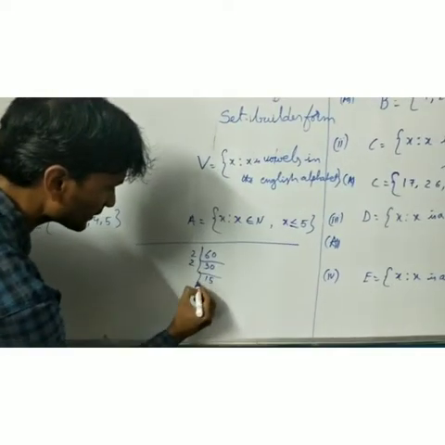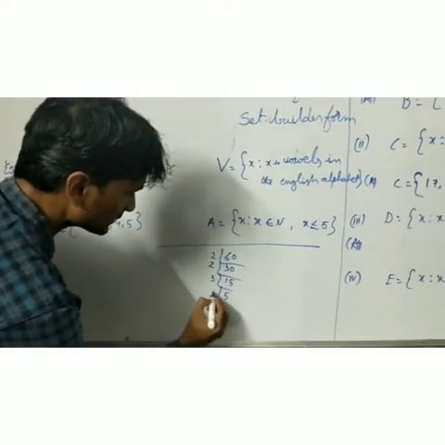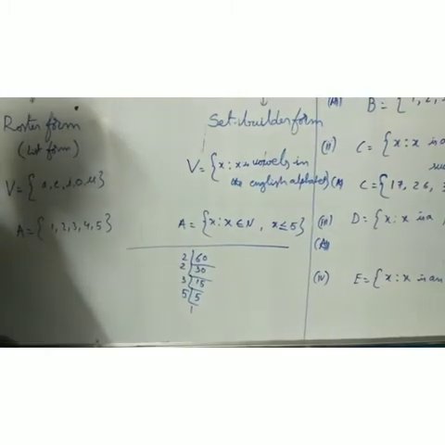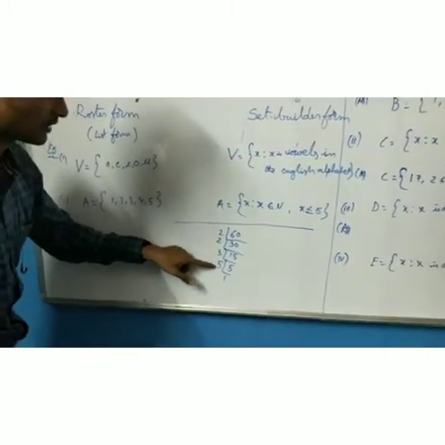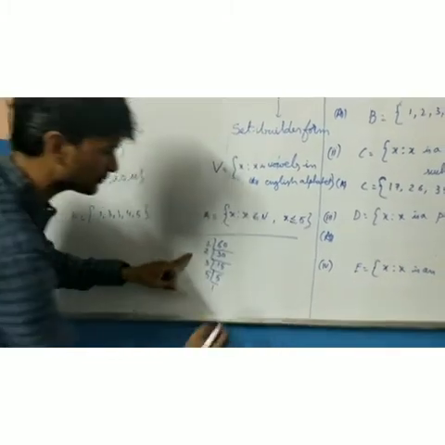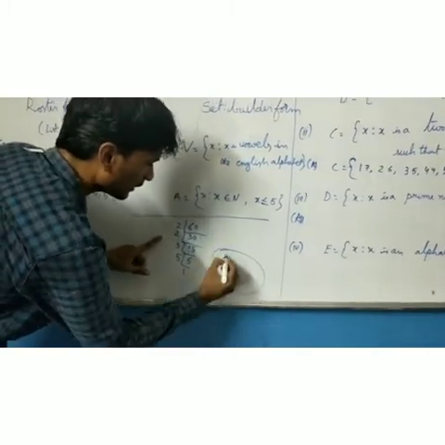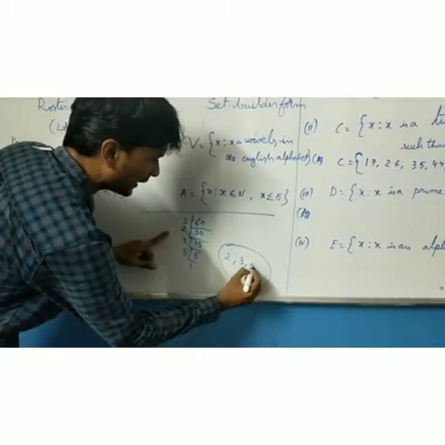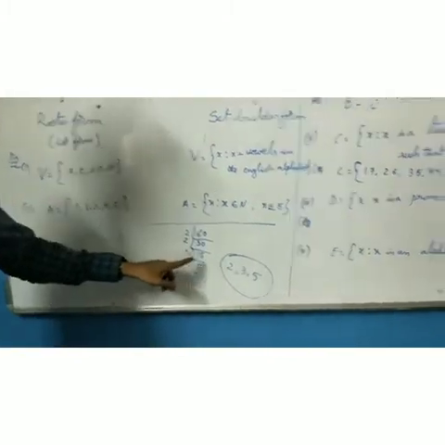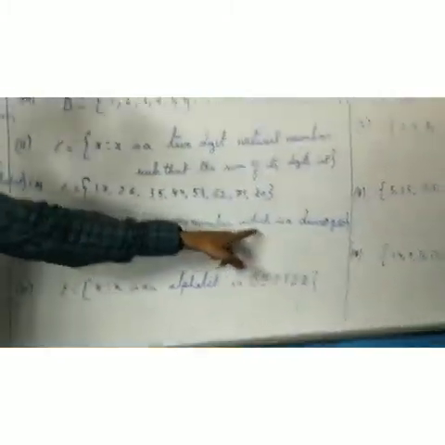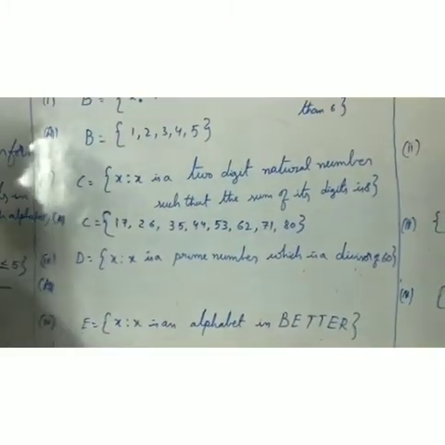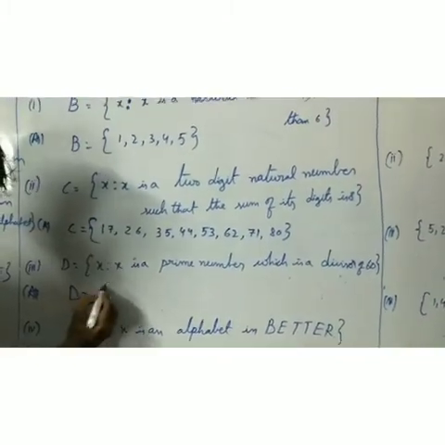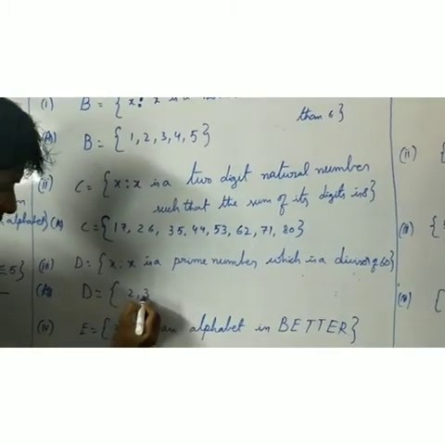So 2 squared is there, 3 to the 1 is there, 5 to the 1 is there. So 2 is repeated 2 times, 3 one time, 5 one time. So which are the prime numbers here? 2, 3 and 5. So x is a prime number which is a divisor of 60 means 2, 3, 5. All are prime numbers only, we have to write. So D equals 2, 3, 5.